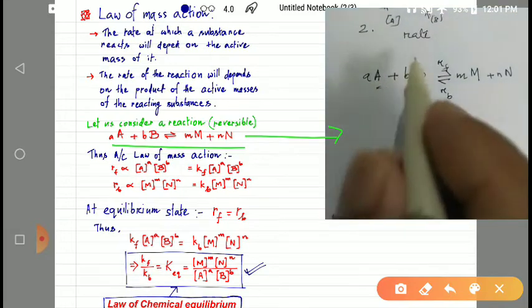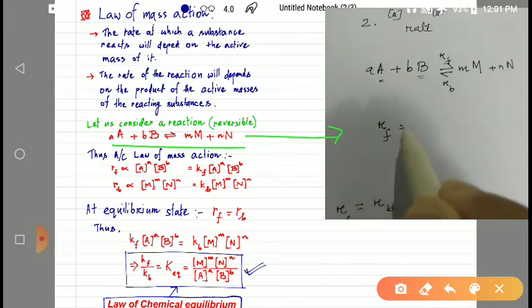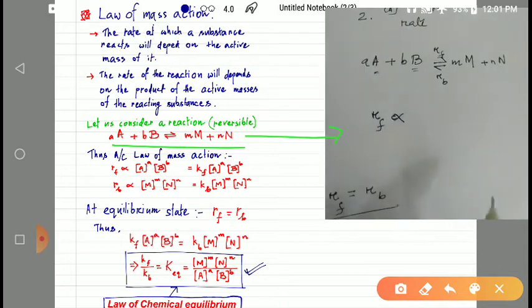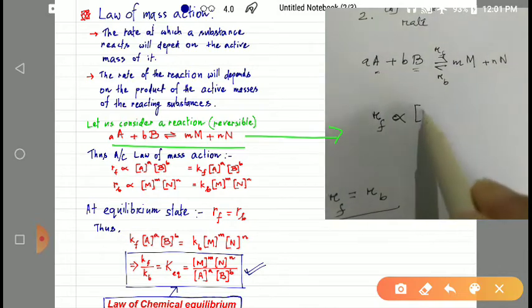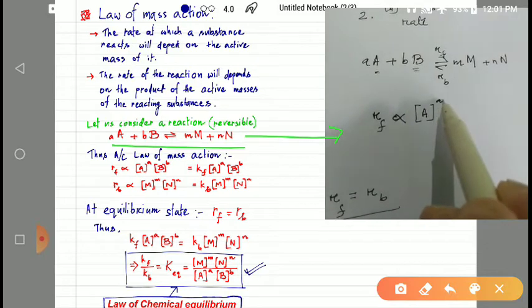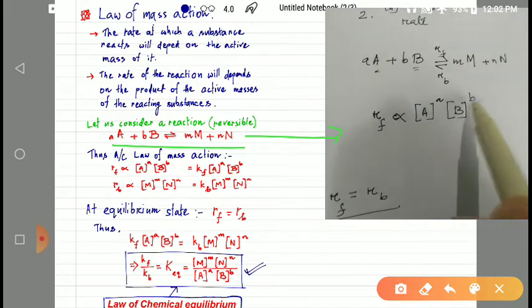Okay, so according to the law of mass action, we can write that Rf is equal to, actually, this depends upon the active masses of A. So how many are present? a moles of A are present, so we have to write here [A] to the power a, and the active mass of B to the power b.